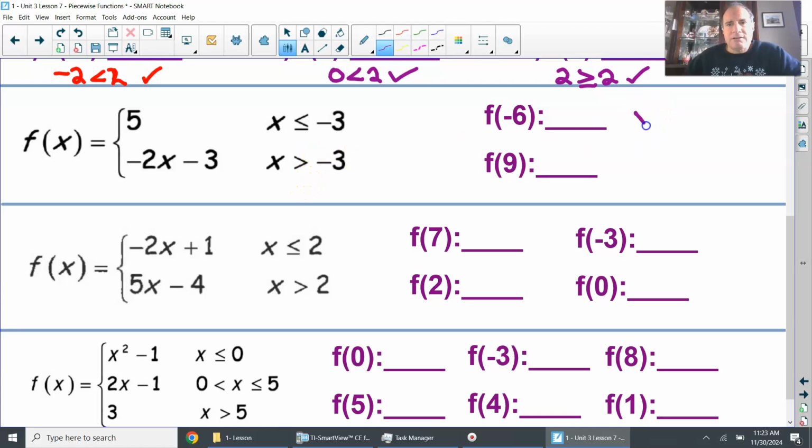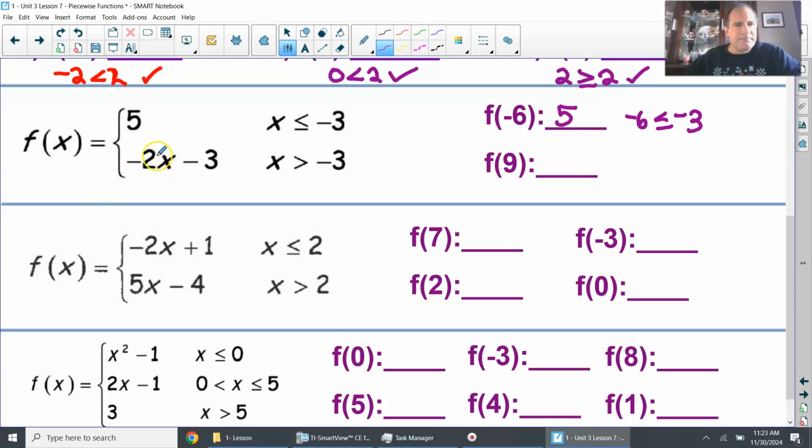So x is less than or equal to negative 3. That means if you put that negative 6 in for the x, negative 6 is less than or equal to negative 3. So that means you're using this one, and for negative 6, 5 is your answer. It's like y equals 5. Every time, y is going to be equal to 5.